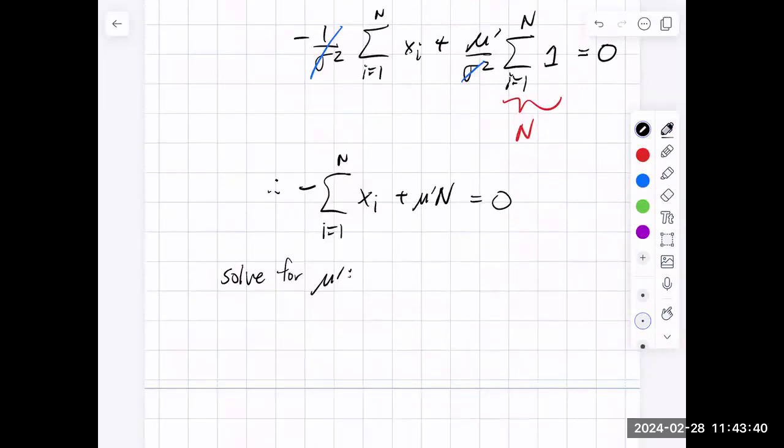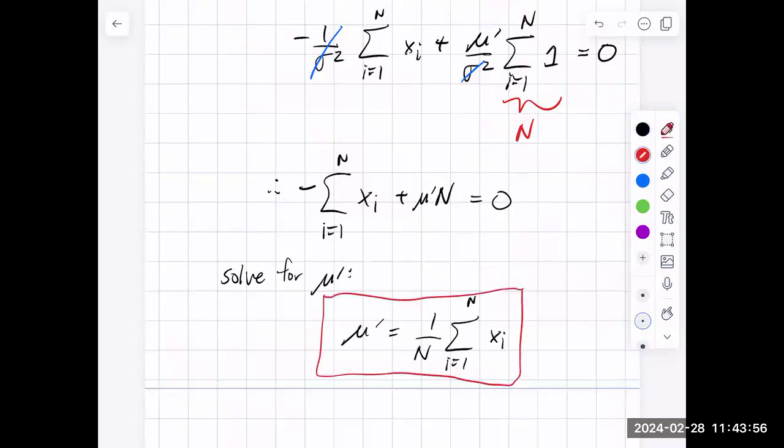Okay, so we'll take the sum over to this side, we'll divide by the n, and we get the familiar result. Mu prime is equal to 1 over n, sum of i equals 1 to n of xi. And so that is a derivation of a very intuitive and familiar result.